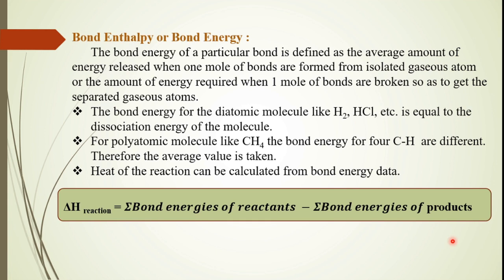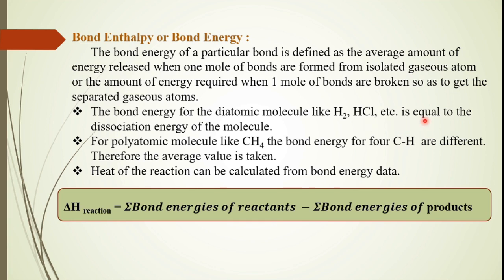So there are some subpoints. The bond energy for the diatomic molecule, diatomic molecules like H2 and HCl. That means in that molecule only one bond is present. And the heat change when that one bond is broken or formed is known as bond energy.